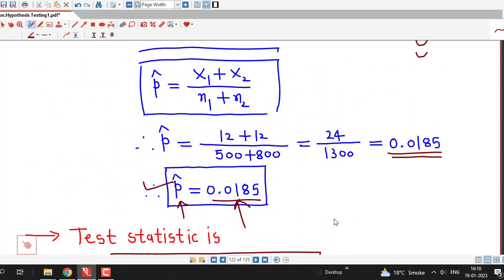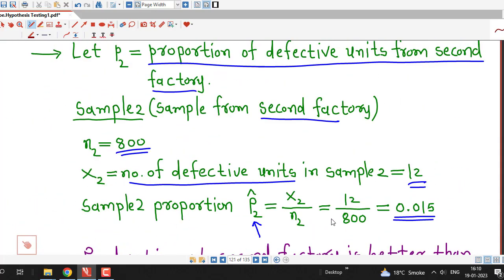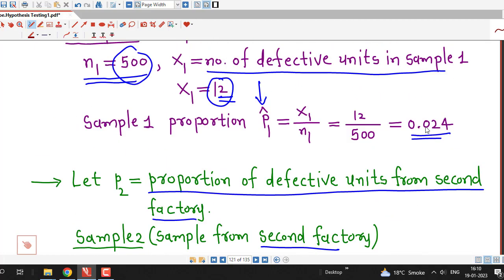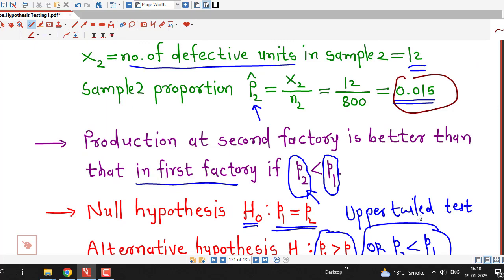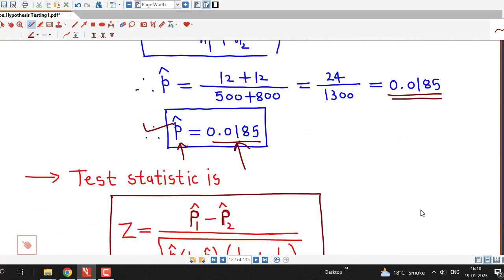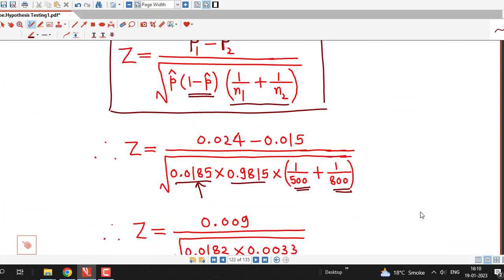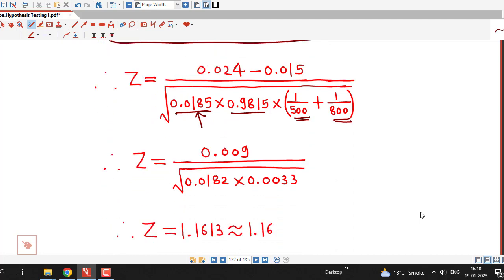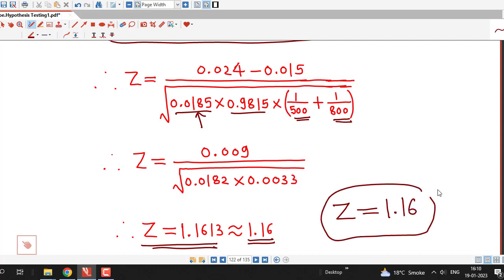We have calculated these sample proportions: p2 hat is 0.015, p1 hat is 0.024. Substituting here and using a scientific calculator, we find that the value of the test statistic is 1.1613, which is up to 2 decimal places 1.16.